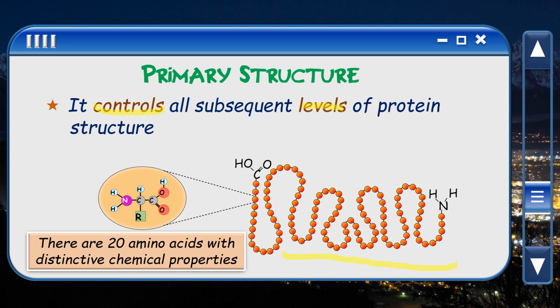So from amino acids, the beginning structure we shall have is the primary structure.